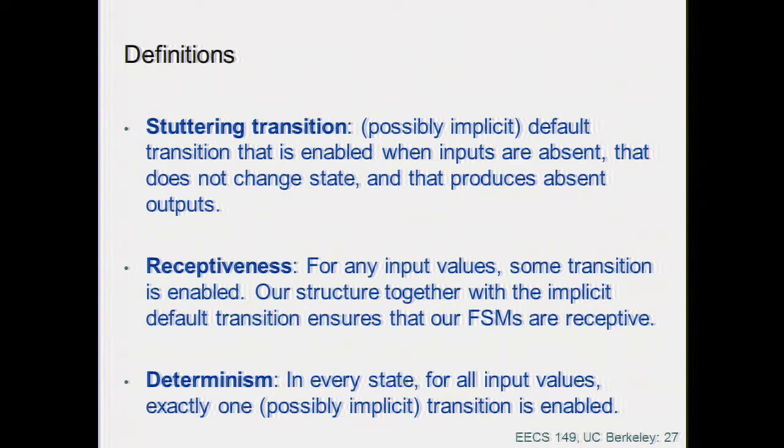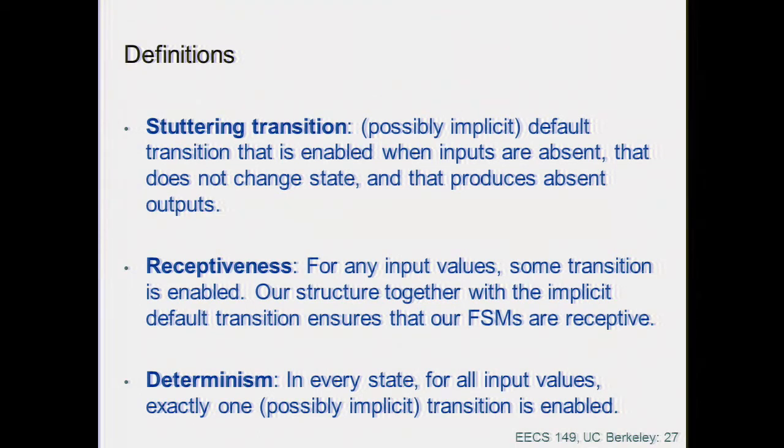Now, receptiveness. A finite state machine is receptive if for every change in the input, something happens to the finite state machine. Some kind of transition is taken. So if I want, for example, to detect fire, it's better to have a receptive machine, which means that if I have a fire, the thing wakes up and makes the noise that we are all expecting.